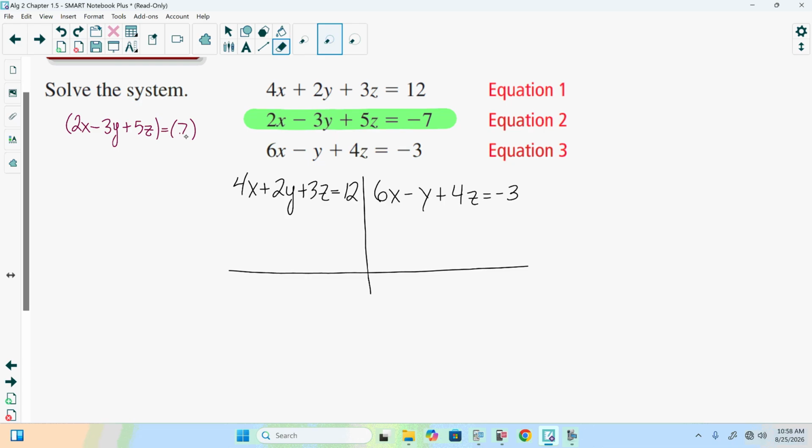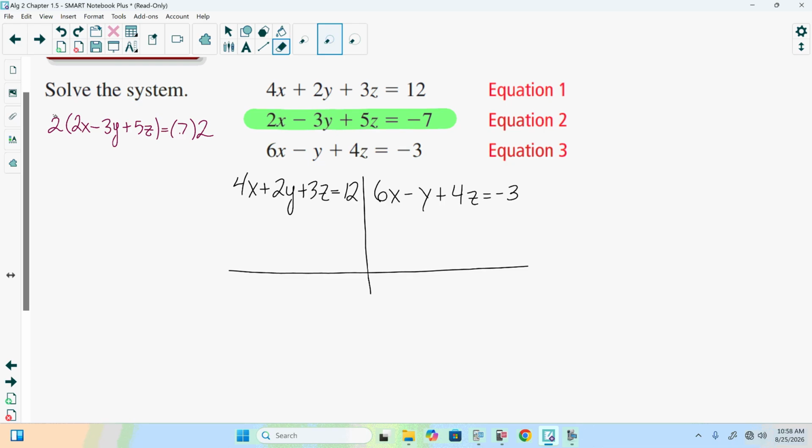Some focus on number and sign. Let's just focus on number. What do I need to multiply 2x by to get to 4x? We already said it. 2, yes? So what we're going to do is multiply the eliminator equation by 2, and not just the x, the entire equation. We need to multiply the entire equation by 2.